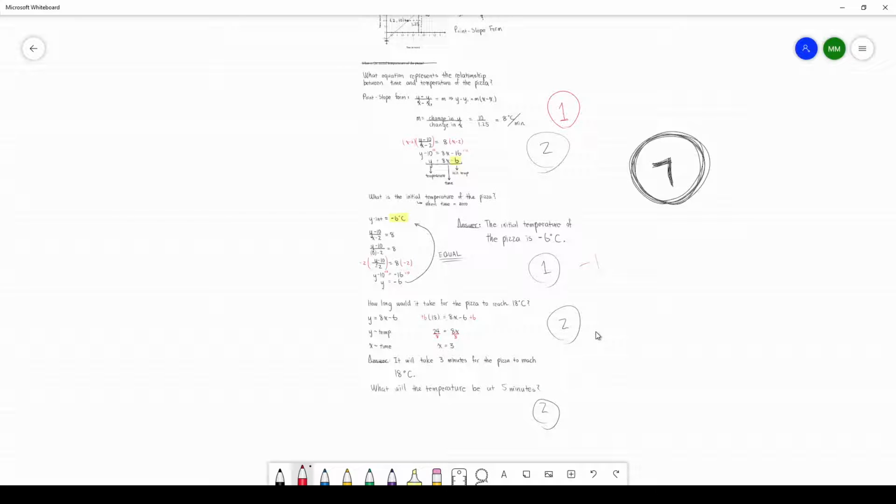So if you get the wrong equation, worst case scenario, that's the mark you get for that question, and that is not very good. Now, if you meet a nice teacher, of course, you still get 1 for this and 2 for that and 2 for that, so you get 6 out of 7, but that's not always the case. So this is a 7-mark question. Make sure you get the equation correct in the beginning.